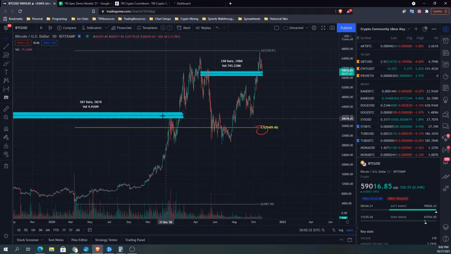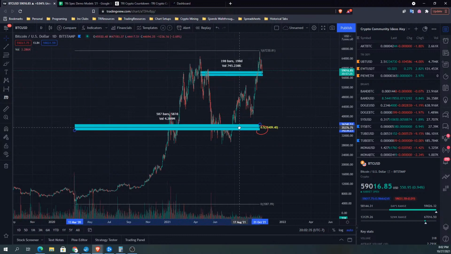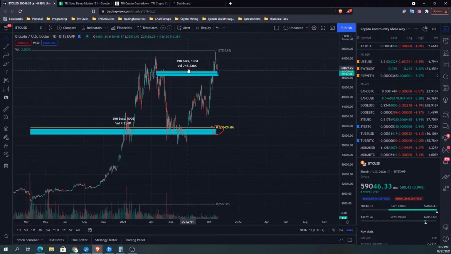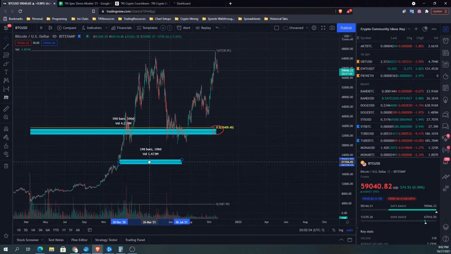Okay. Yeah, I get what you're saying now. I actually like that better, because I like the idea that Bitcoin needs to correct in earnest, probably like March, April, May of next spring. So if this is 590, so roughly 300, right?